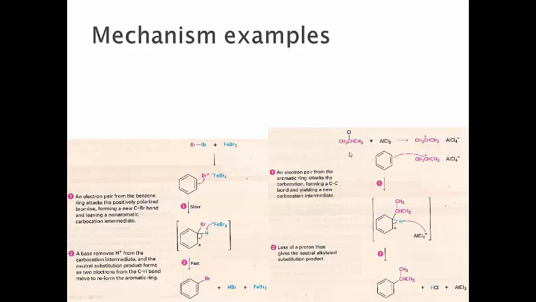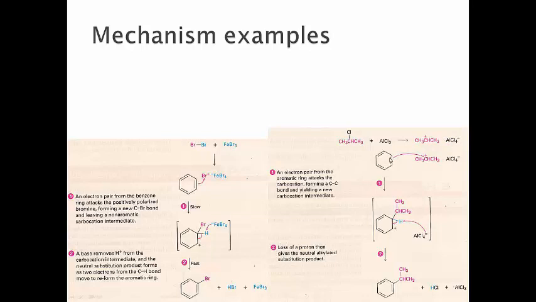With our Friedel-Crafts, this is an alkylation reaction. We've got our catalyst, which is AlCl3. We've got our chlorine that's added on. In situ, the chlorine is removed when we get a positive on this carbon. So we get CH3+ and AlCl4-.